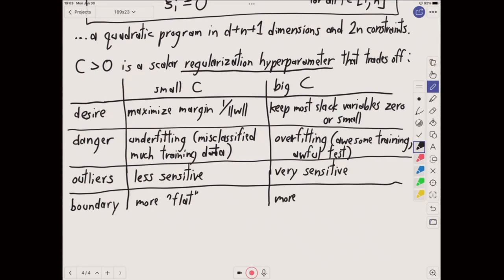Whereas if you choose C to be big, you tend to get more sinuous decision boundaries when you're using nonlinear decision boundaries. Obviously, a linear decision boundary can't be sinuous. It's perfectly flat. But these are the phenomena that we see when we go up to higher dimensional or higher order features, as we'll see later in this lecture.